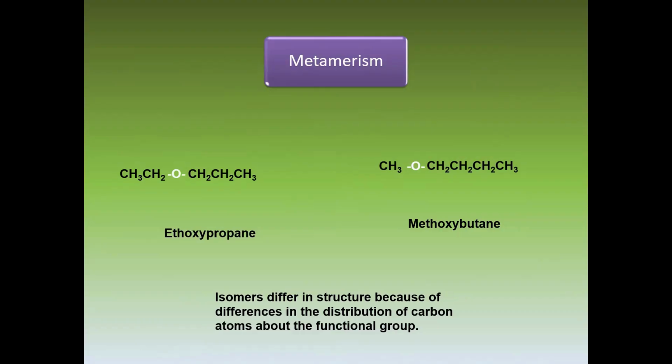In ketones, the functional group may be present on 2 carbons or 4 carbons, etc. So different lengths will be present on the right and left of the functional group. So what are metamers? Isomers that differ in chain length across the functional group.